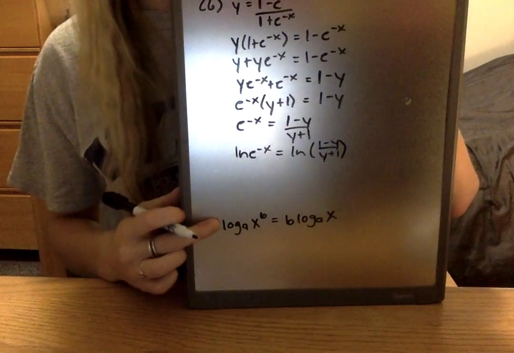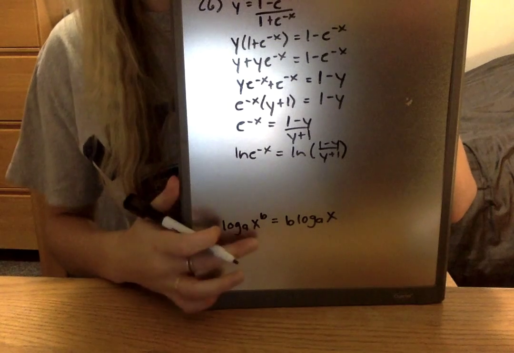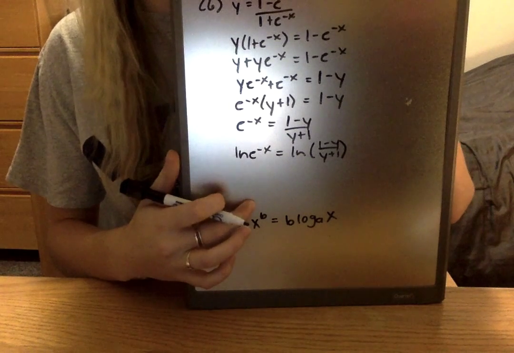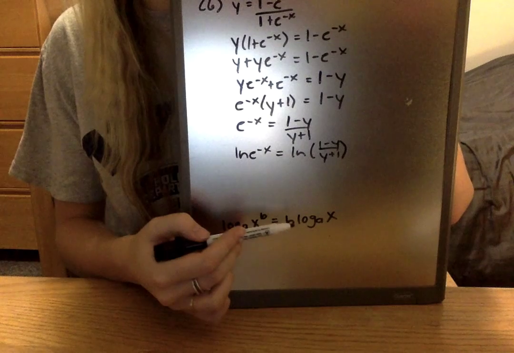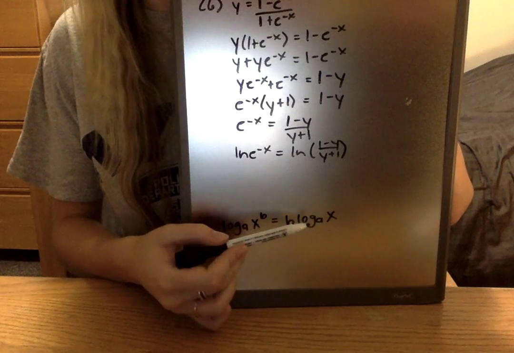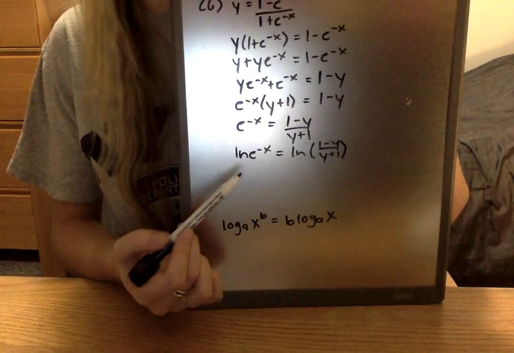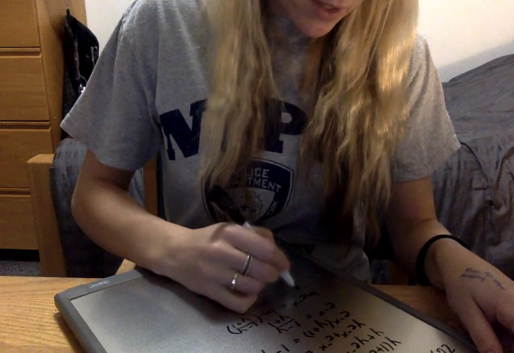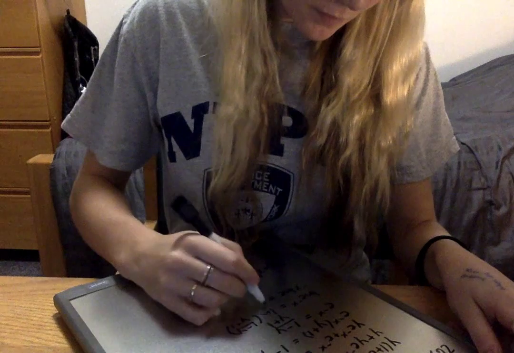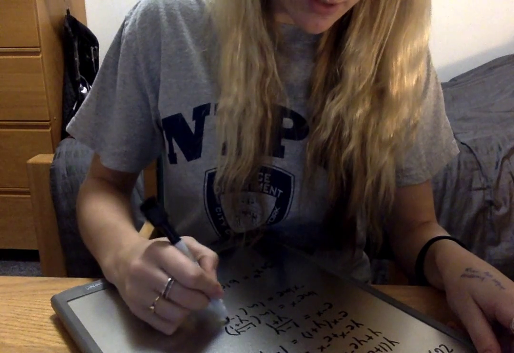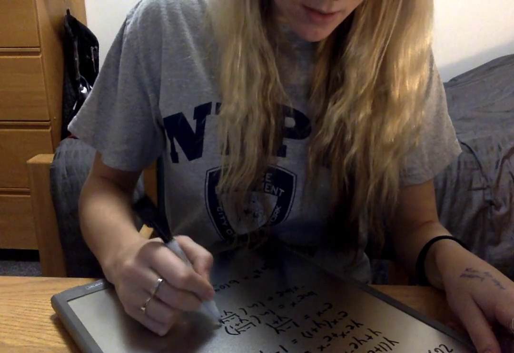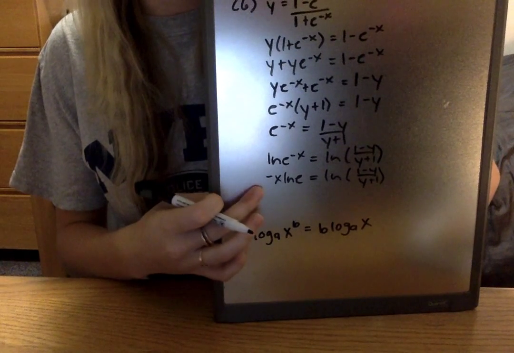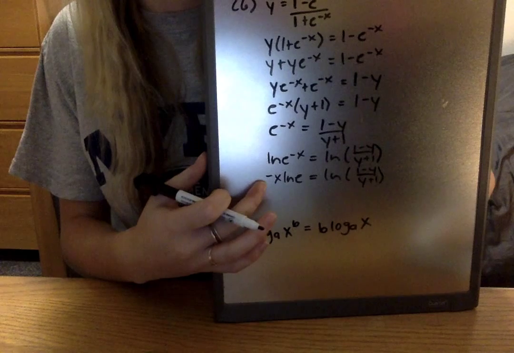This log rule just shows that if you have log base a of x to the exponent b, you can bring this exponent b out in front of the log base a of x. So that's what I'm going to do here. I'm going to bring that negative x down in front of the ln e. Nothing changes on the other side. Just makes it easier to show the next step. So negative x, I just brought that exponent down in front of the ln e.